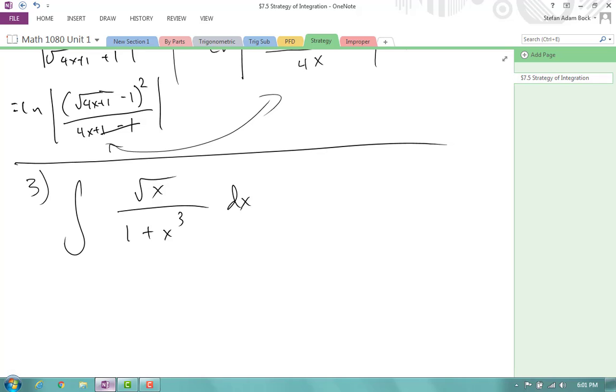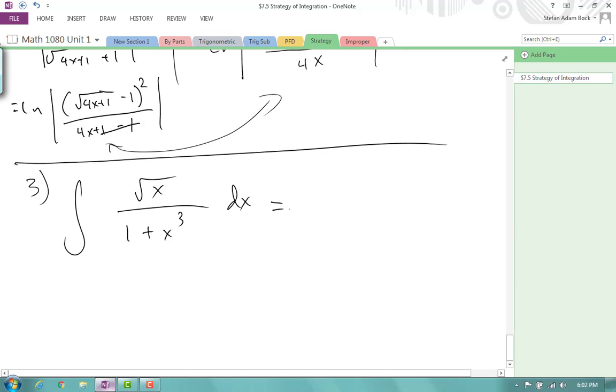But this is actually a lot like the previous problem where, well, I don't have the sum or difference of squares, so I'll try to make one. I try to get the right u substitution going. Since I have a square root of x up here on top, I'm going to consider square roots in place of the x on the bottom.